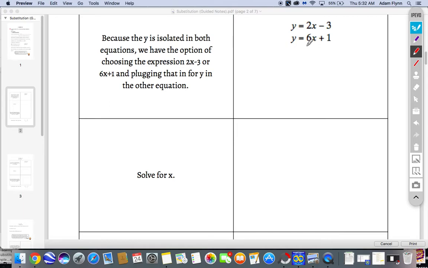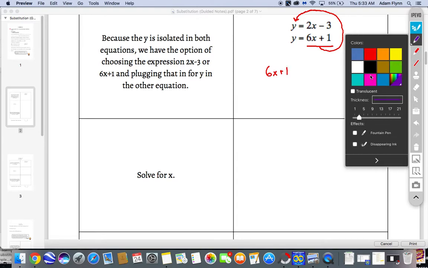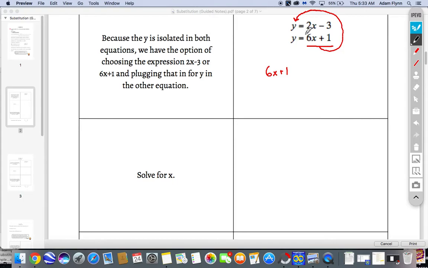So that means I can take this 6x plus 1 and replace the y up top with the 6x plus 1, because I know they're equivalent. Okay, so if I rewrite this top equation, I have 6x plus 1 and then the rest of my equation, so equals 2x minus 3.